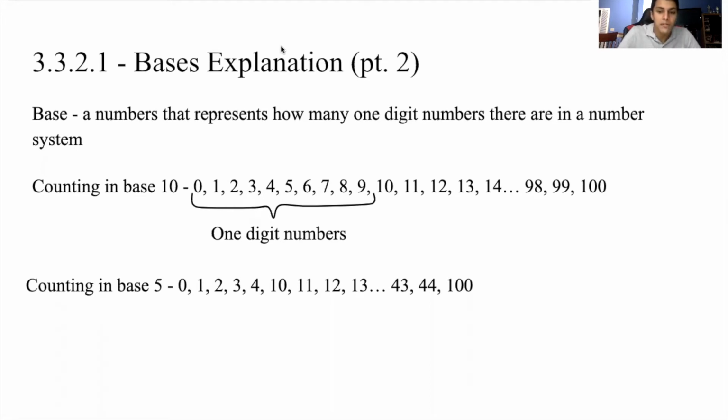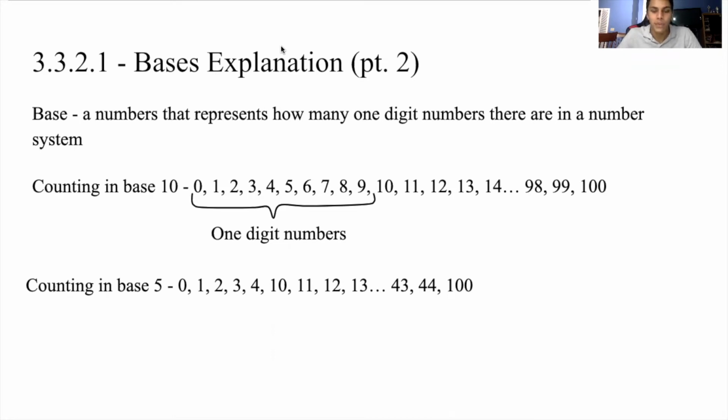The number 5 doesn't exist in base 5 because we're only allowed to have 5 one-digit numbers, and we already reached that limit. 0, 1, 2, 3, and 4 gets us to 5 one-digit numbers. So since 5 isn't a number in base 5, we go directly to the next number, which is 10. So we go 10, 11, 12, 13.